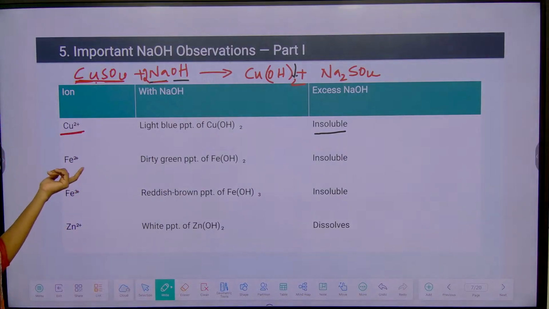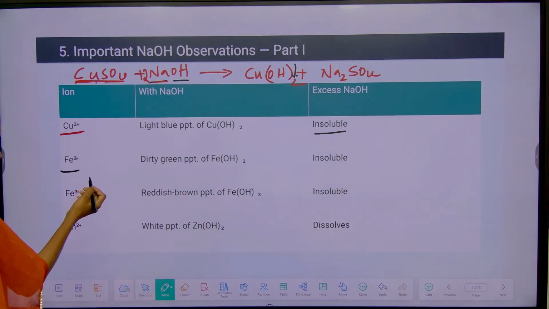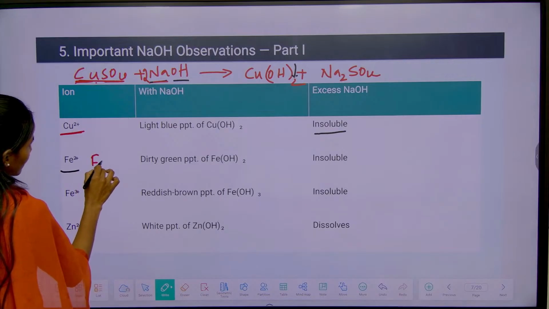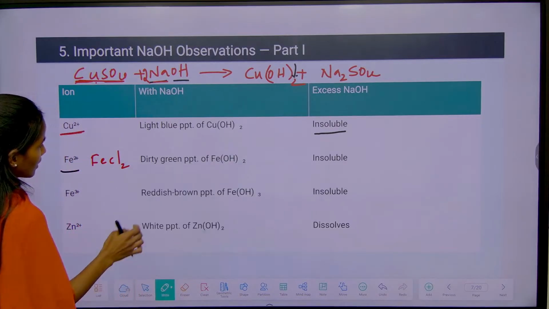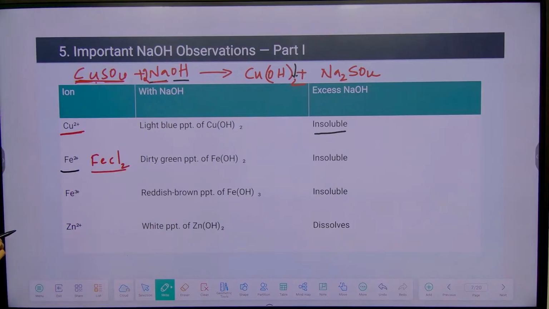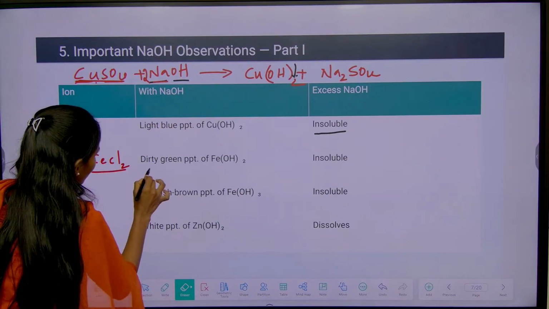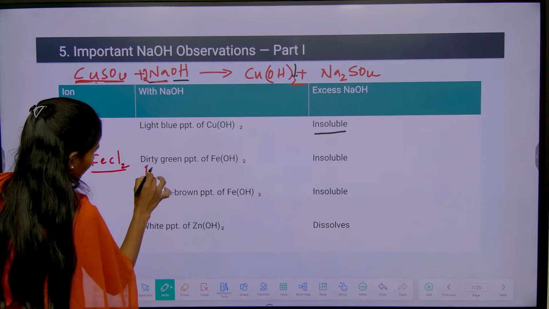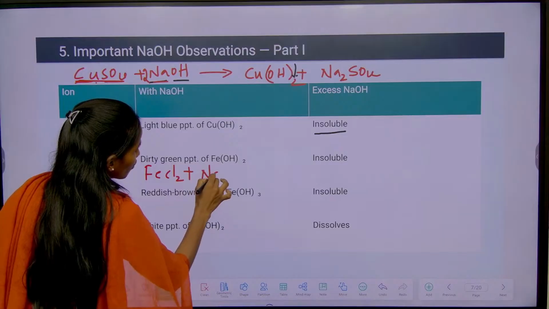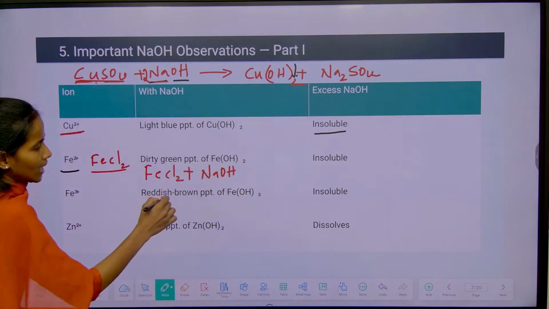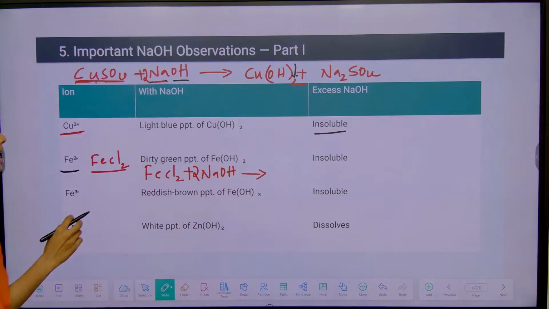Now see the next one, the Fe2+ ion. Let us take FeCl2 as an example. FeCl2 plus NaOH, 2 NaOH in order to write a balanced equation.